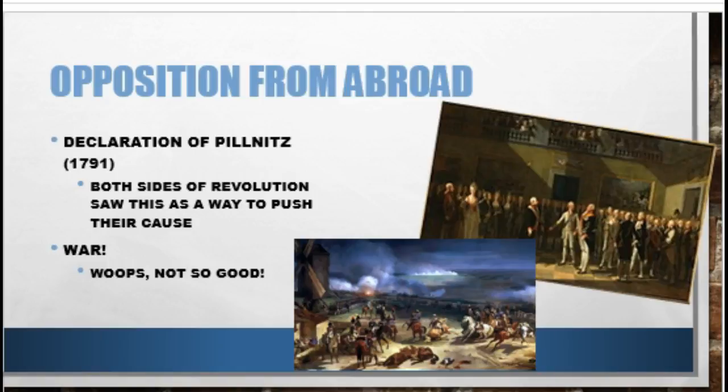They issue something called the Declaration of Pillnitz on August 27th of 1791 because they fear the spread of revolution. They're thinking, hey, if this could happen in France, this could happen in our own neck of the woods. We need to stop this. The other thing you need to know is Marie Antoinette is the sister of Leopold of Austria. So they've got that, I've got to protect my sister, thing going on.